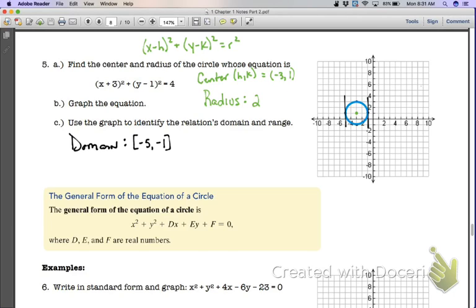And then do the same thing for the range, but now go from the bottom to the top. So my range is going to go from -1 to +5. Right? +3, I'm sorry.